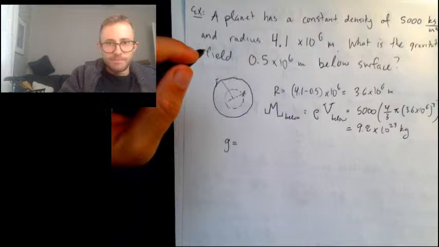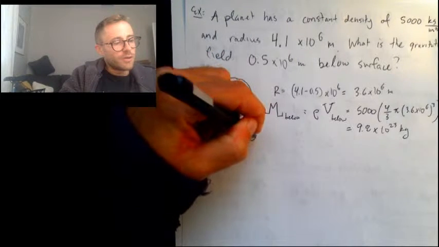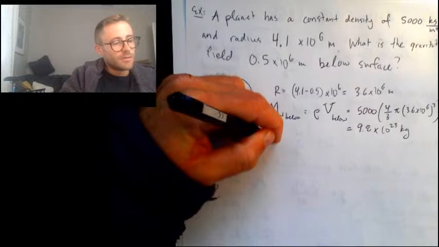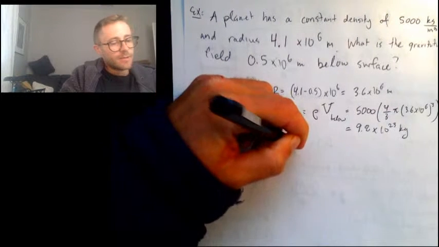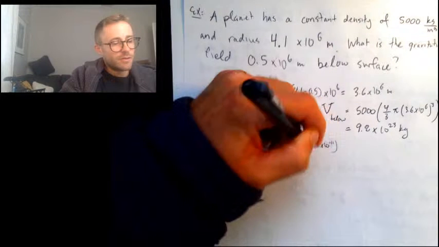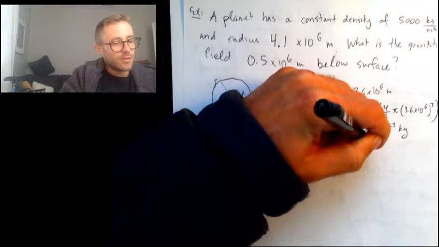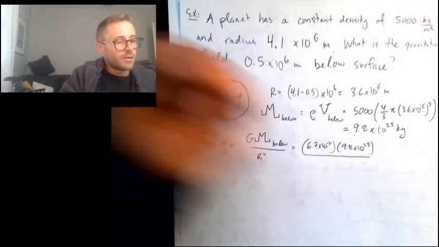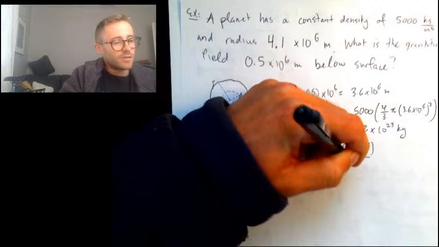So then, if I want the gravitational field, you would use Newton's law of universal gravitation. So it's going to be 6.7 times 10 to the negative 11 times 9.8 times 10 to the 23rd divided by 3.6 times 10 to the 6th squared.